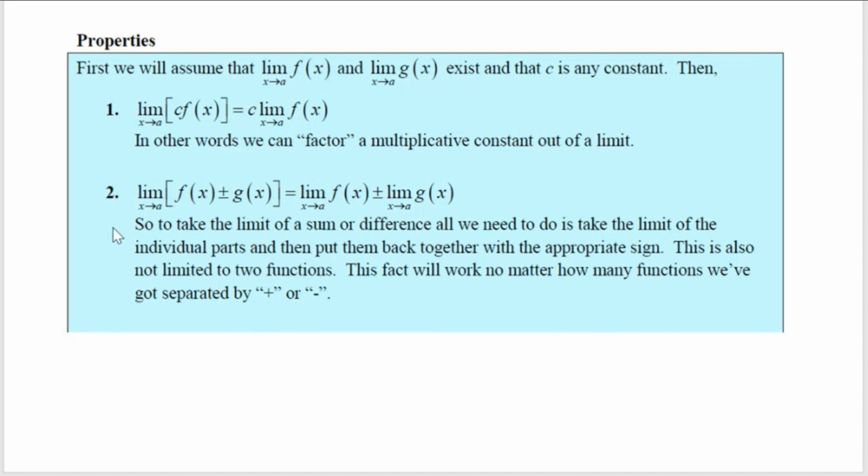Okay, so number 2, the limit of f of x plus or minus g of x as x approaches a can be written in expanded form as the limit of f of x as x approaches a plus or minus the limit of g of x as x approaches a. So you will just use either positive or negative, it depends on the given.